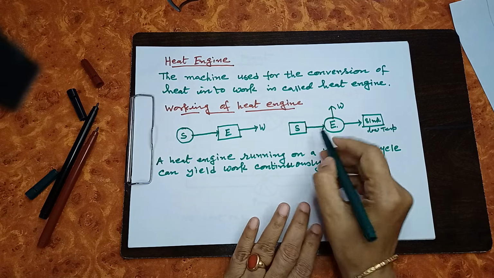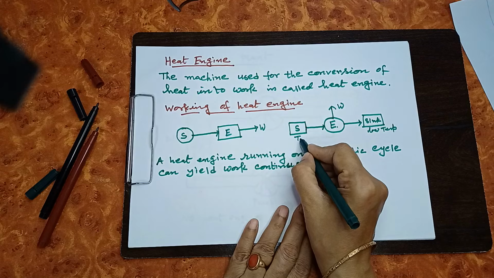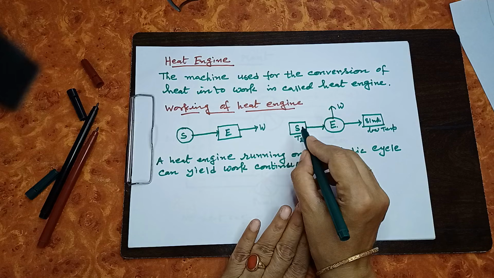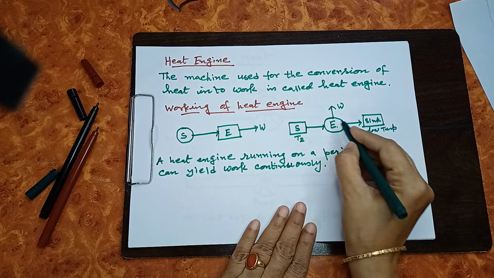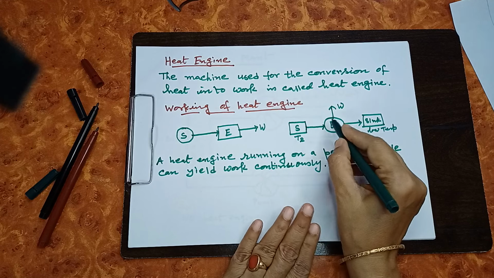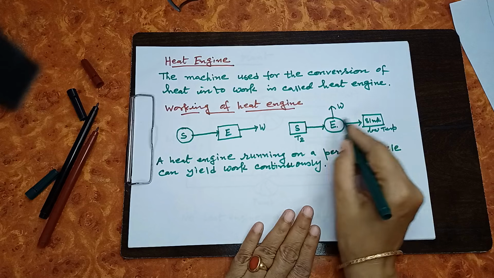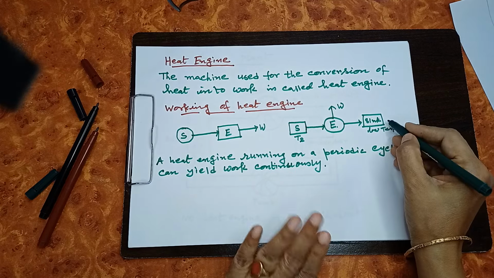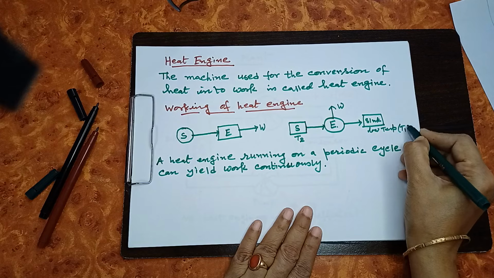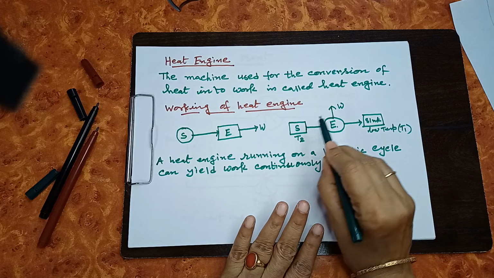Heat is absorbed from the high temperature, say T2, of the source, which is nothing but a heat reservoir. The residual part it releases to the sink, which is at a low temperature, say T1.